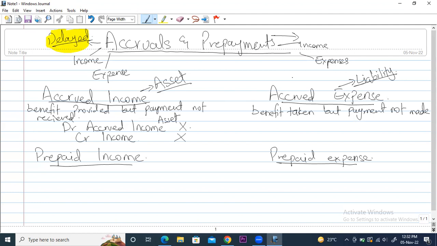So since it's a liability, the entry that we do is always remember, credit accrued expense liability, and debit we do, no, this is not income, this is an expense, right? Because income is something else. So what we do is that debit we do the relevant expense, whatever we bought from you. Let's say I bought some services from you, right?